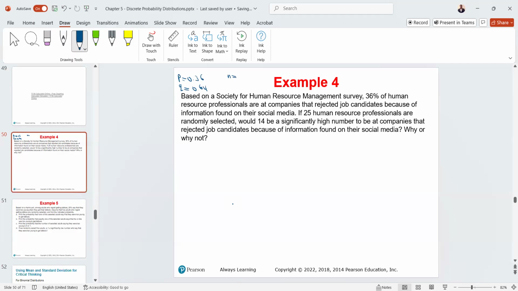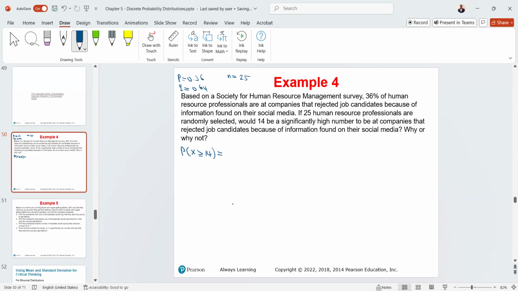If 25 human resources professionals are selected at random, would 14 be a significantly high number? So what we need to do here is really find the probability that X is greater than or equal to 14.